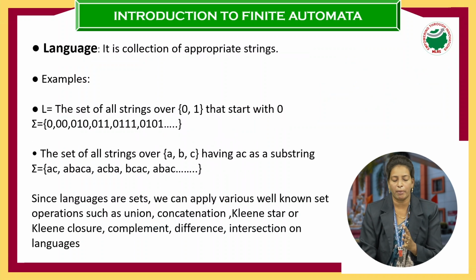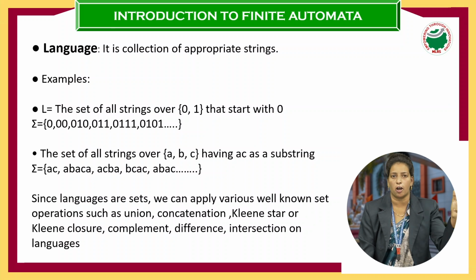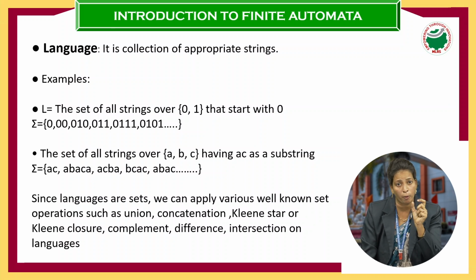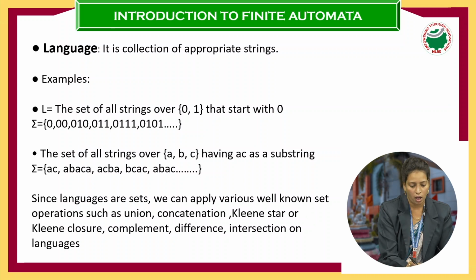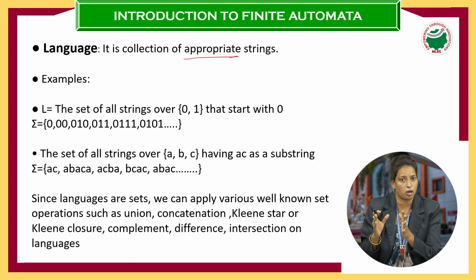Next, what is meant by a language? A collection of appropriate strings is called a language. Here we observe one word, appropriate. It is not a collection of strings, it is a collection of appropriate strings.